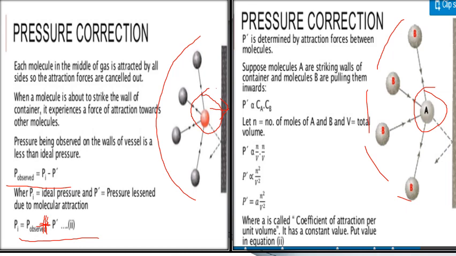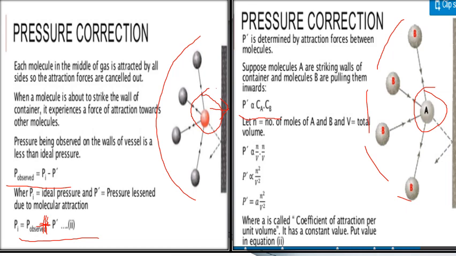Now the P bar is proportional to the concentration of A type of the particles and the concentration of the B type of the particles, it depends on both concentrations, right? And concentration is number of moles per volume, right?